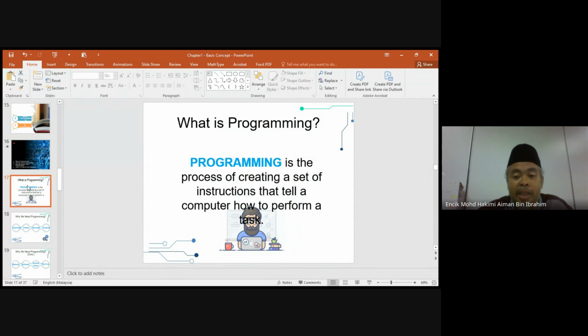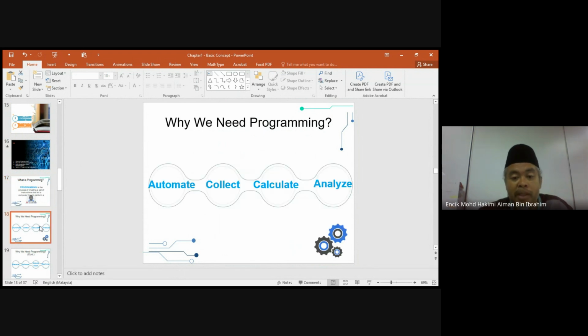That is the use of programming. So programming here is code that will execute the input from the user so that it will display the output. That is programming.